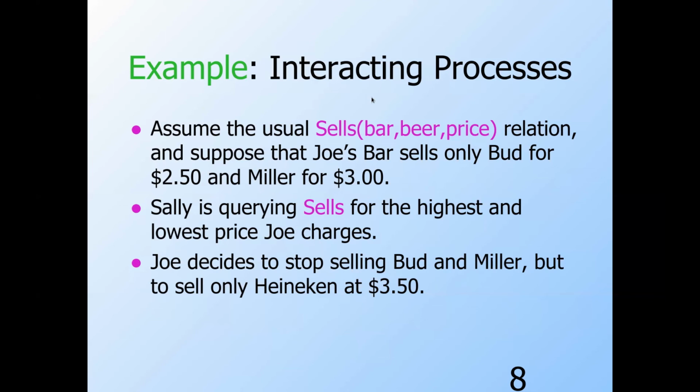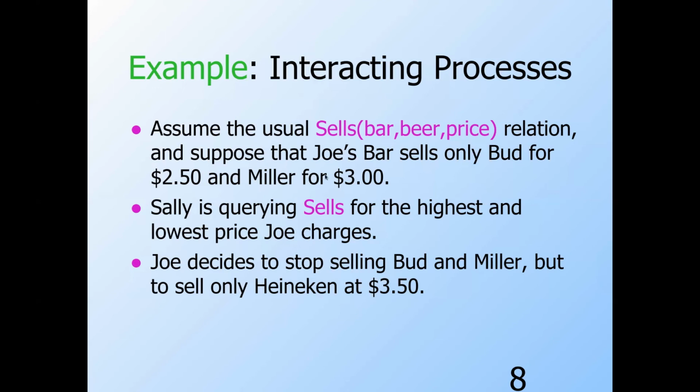Okay, so let's look at this example. Transaction processing is kind of complicated under the hood, but there's an intuition about how it works, and I'm trying to give you that intuition in this lecture. So let's assume the usual Sells table, where a bar is selling a beer at a price.